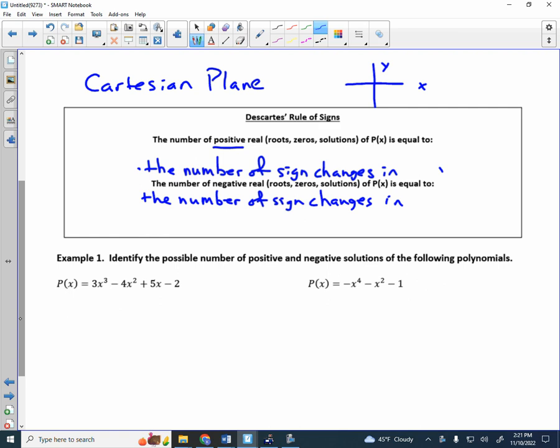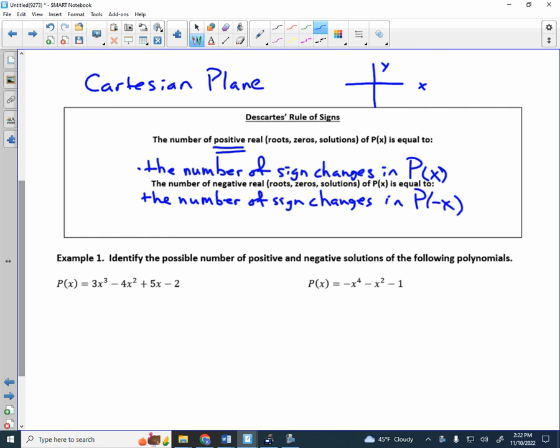His rule of signs says this: the number of positive real roots, so we want to just look at positive choices, the number of positive real roots of P of x is equal to the number of sign changes in P of x. So determine the number of sign changes in the polynomial, and that's the number of positive real solutions. The number of negative real roots is equal to the number of sign changes in P of negative x.